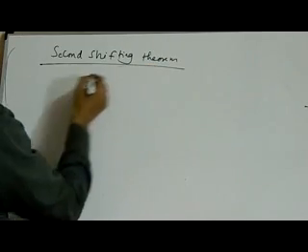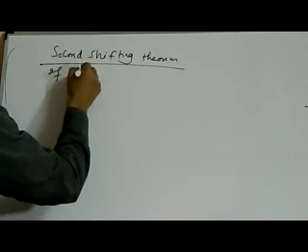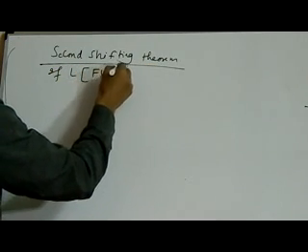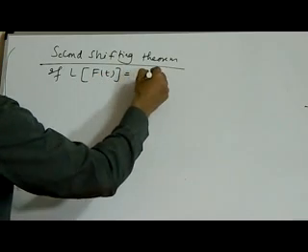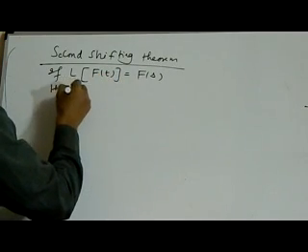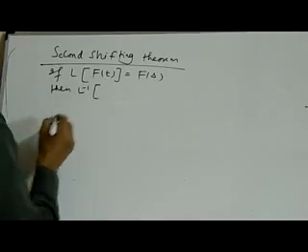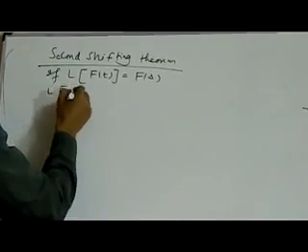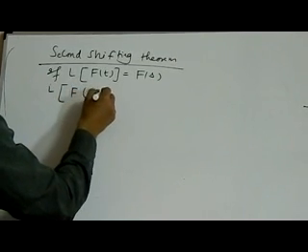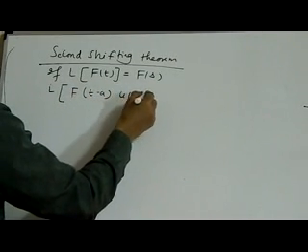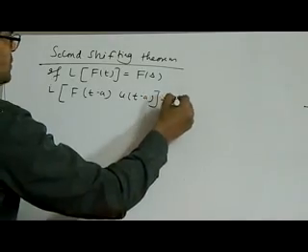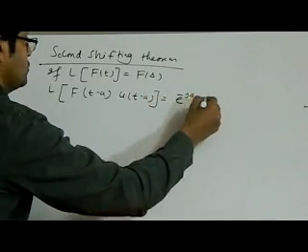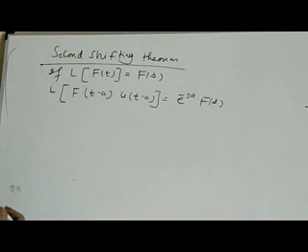What this theorem is saying is that if L of f(t) is say F(s), then L of f(t minus a) into u(t minus a), where it is a unit step function, is e to the power minus sa into F(s). It is a very interesting result.